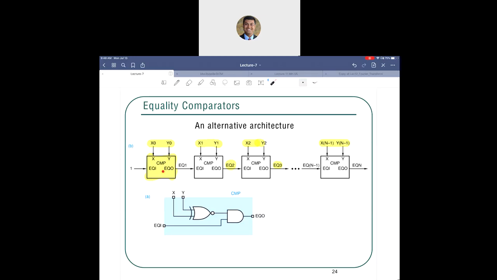All right. Inside this comparator, inside each comparator, you have these guys. What is that? This is an exclusive NOR or equality detector.